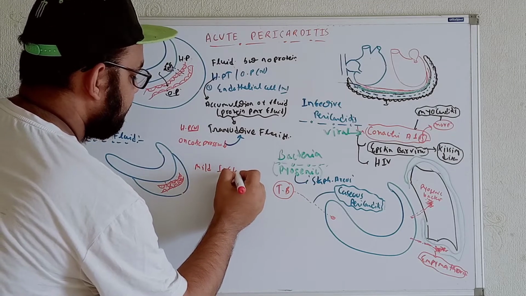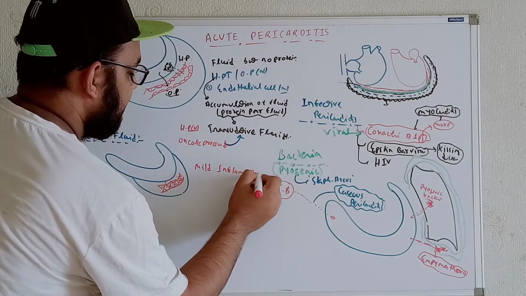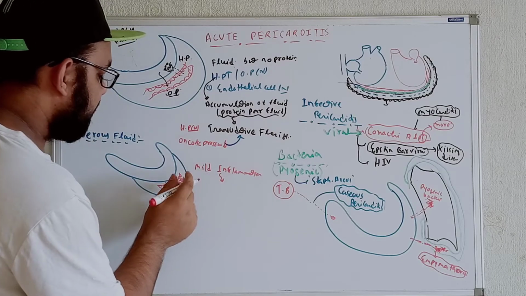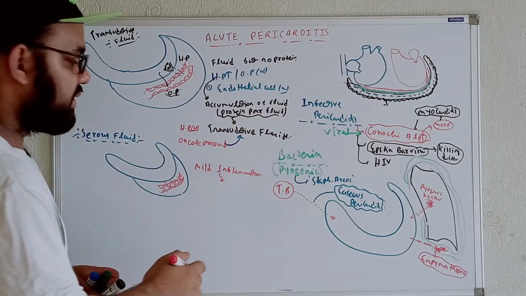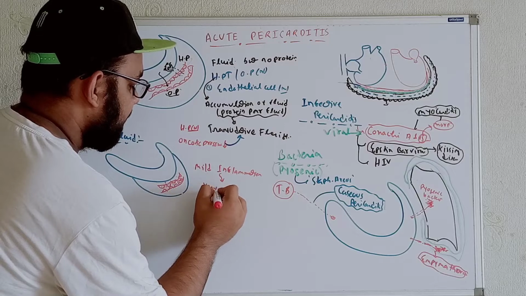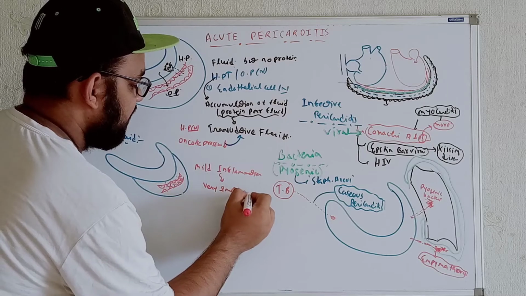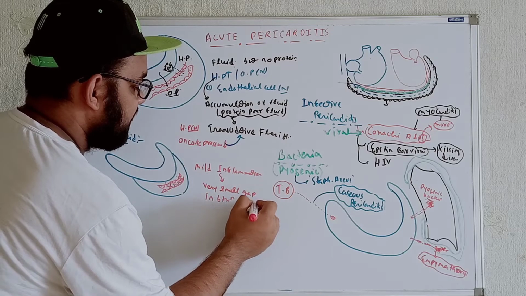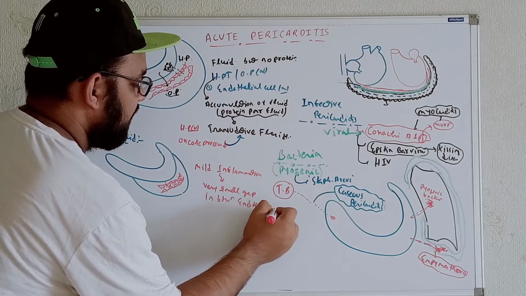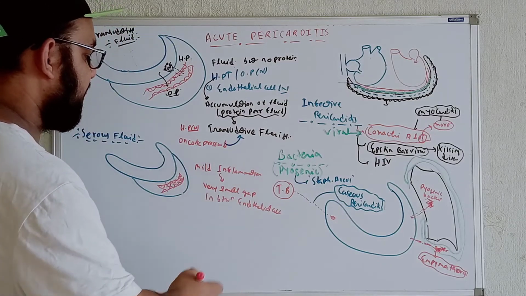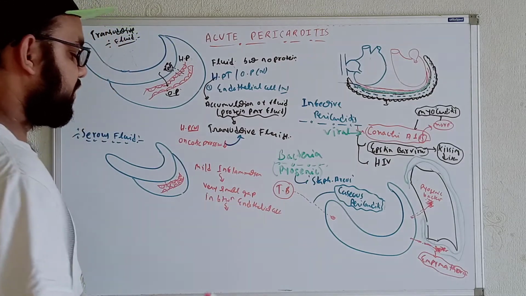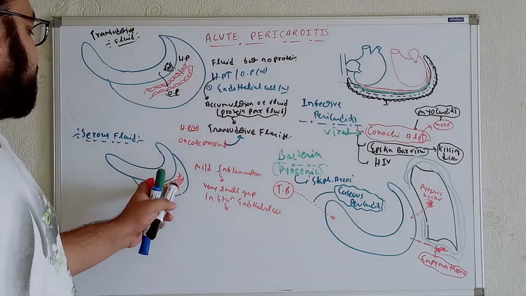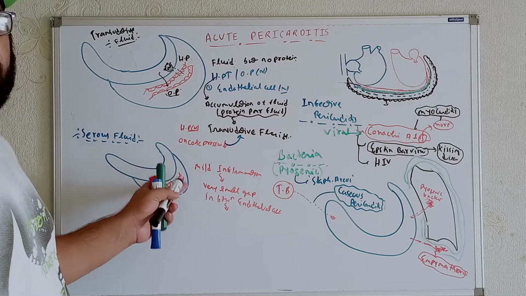So if we get mild inflammation over here, we will see a very small gap between the endothelial cells. Whenever we get a very small gap, the very small protein, that means the albumin, can pass from the microcirculation through the endothelial cells and come within the pericardium.